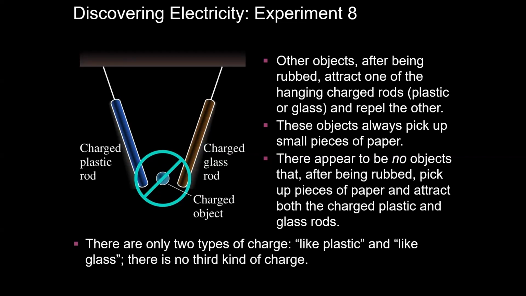Without this experiment, there's really no way to say whether or not you have two objects that will attract or repel. But experimentally, it turns out that if you have two objects that are rubbed together, maybe they're plastic with wool and then glass and silk, if you bring in a third object that has been rubbed by something else, say styrofoam and rubber, it's never true that a third charged object will attract both the other two.